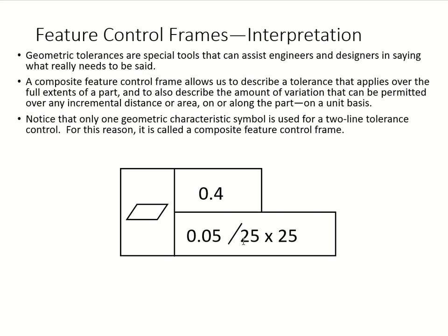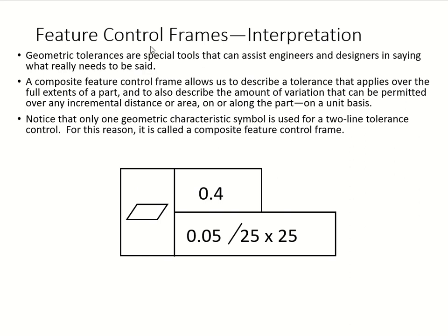So you have tolerance over the full extent of a part, and two different tolerances going on right there. This example uses only one geometric characteristic symbol for two lines of tolerance control, and we call that the composite feature control frame.